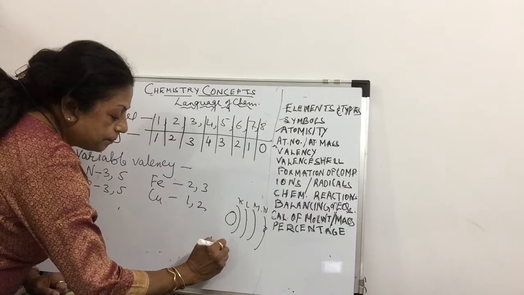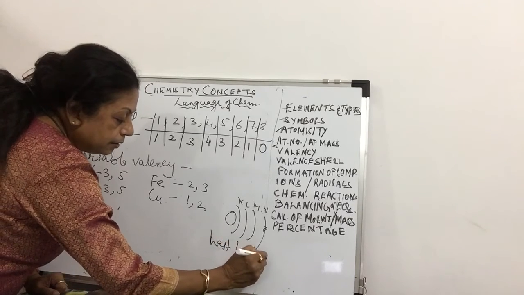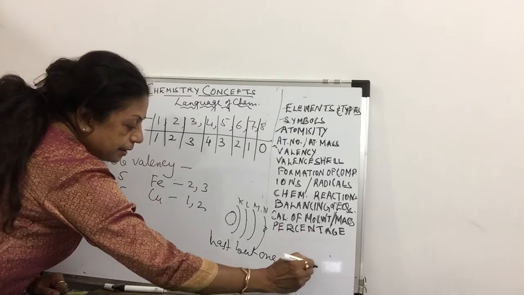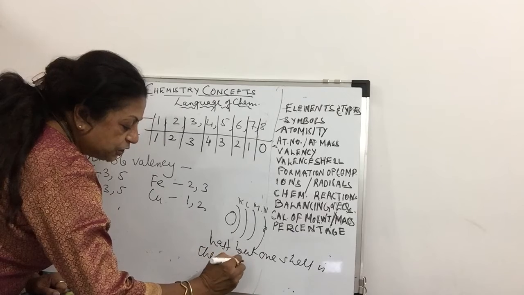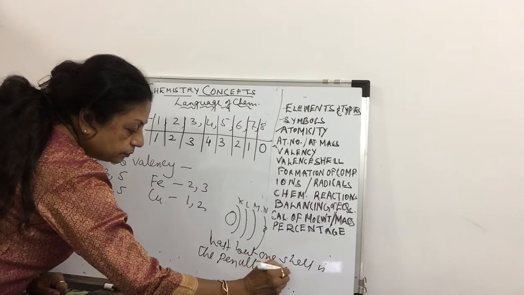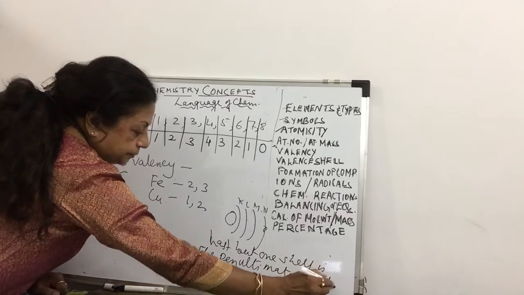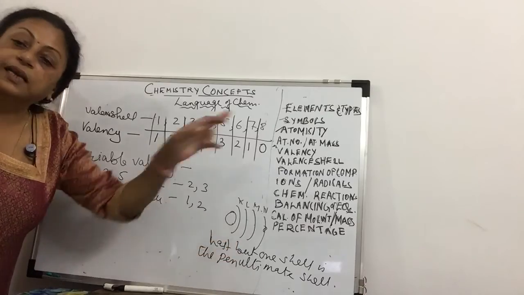The last but one shell is the penultimate shell. The penultimate shell gives electrons.